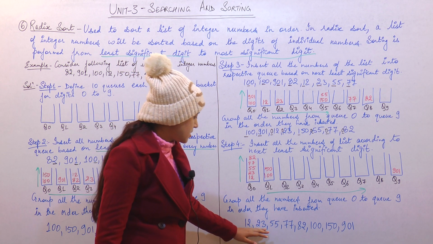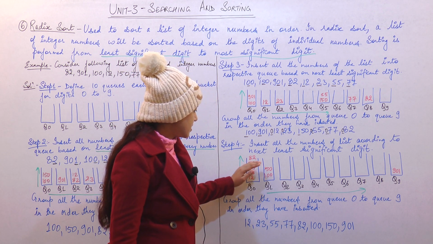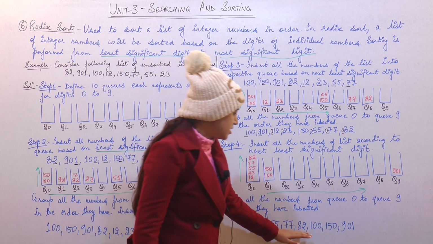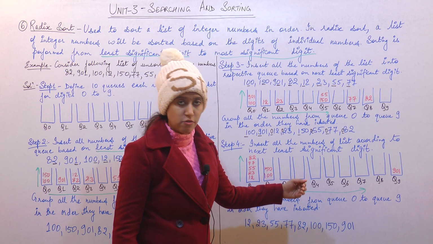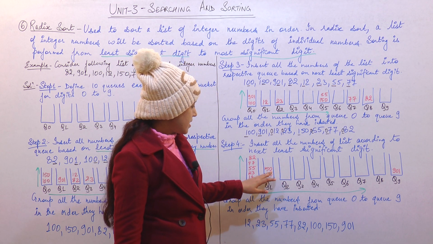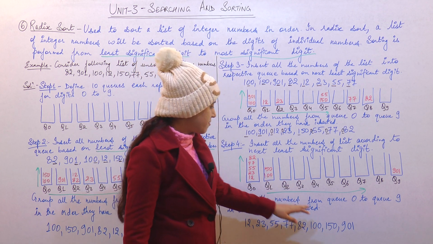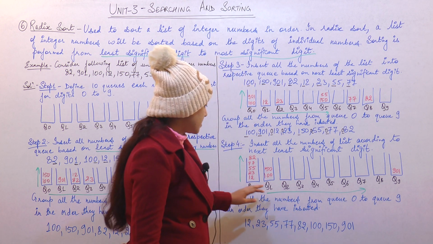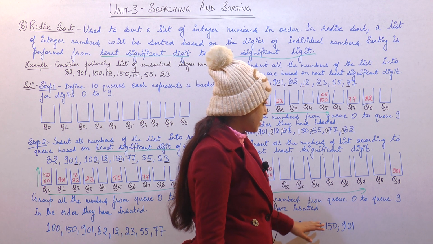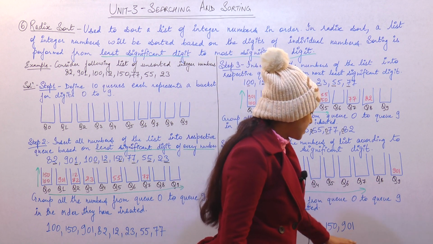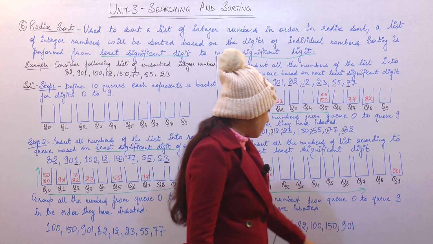Then comes 23, then 55 and then 77 and after that 82. After 82 we are moving towards Q1 bucket. Q1 contains 100 first, then 150 next. After that Q2, Q3, Q4, Q5, Q6, Q7 and Q8 are empty, and then Q9 contains the element 901.